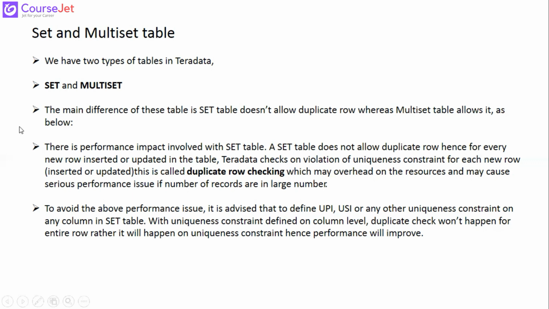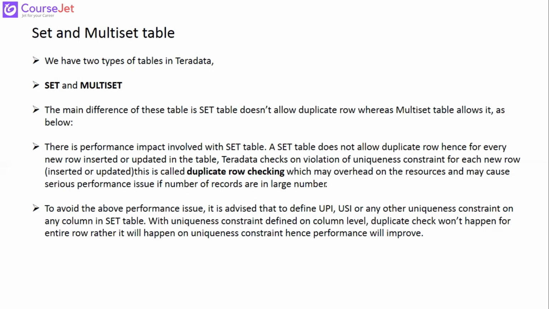But what we mean is, if there are millions of employees and you need to insert a new one, and you have a set table, then the system overload and the response time will be much higher compared to a multiset table, because it has to do a row check on all the rows. Is it clear now?